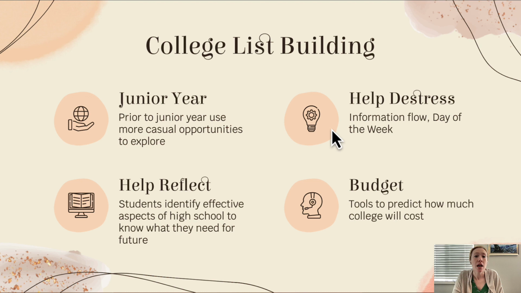There's something called an EFC calculator, an expected family contribution calculator, that will help you calculate need-based aid. When it comes to merit-based aid, we can tell you some trends in colleges. There are spreadsheets. There are ways to predict which colleges will give more need and or more merit-based aid. So helping your student understand that so they can have a budget, or we can create a tuition conscious college list, is really important.